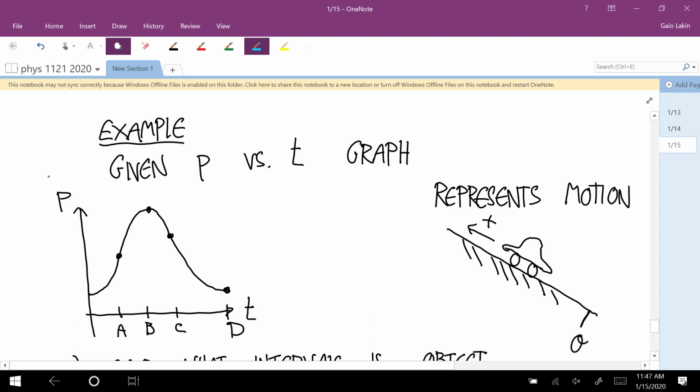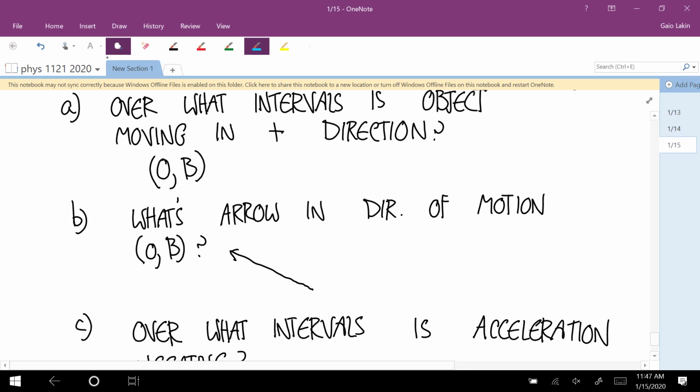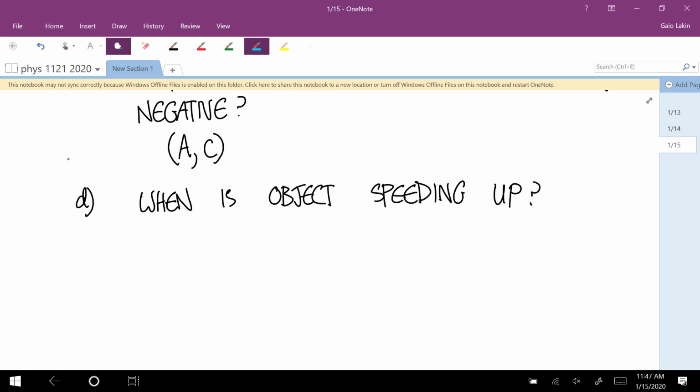And then slowing down again and getting back to zero velocity, starting with a high speed and getting to zero speed. So the two intervals are 0 to A and B to C. Any questions about that?